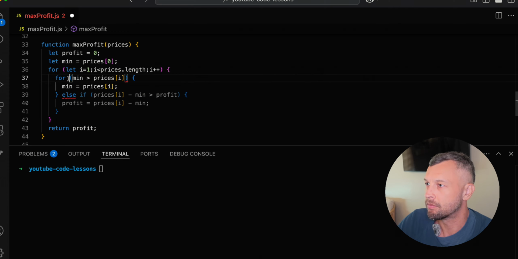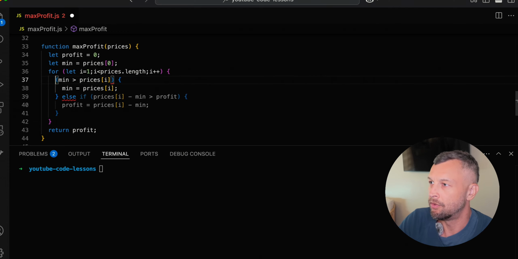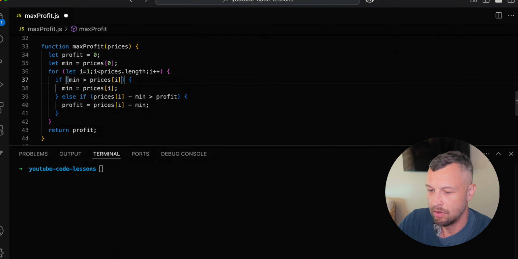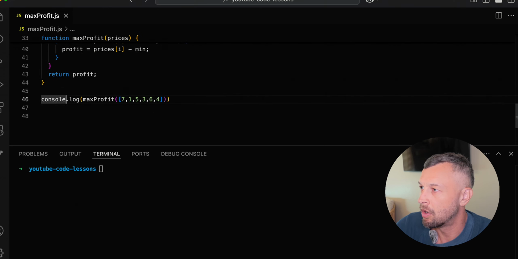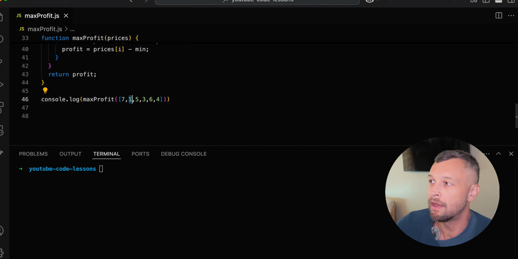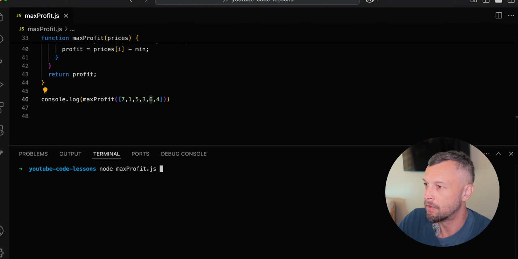Okay, so we want to say if, and so in this case, based on what we discussed, we are starting with a minimum of 7. We start at day 2, which is 1, we buy, and then ideally we want to sell on the day when the stock is at 6, which would give us a profit of 5. So let's see if that's what we got. So it does return a profit of 5.